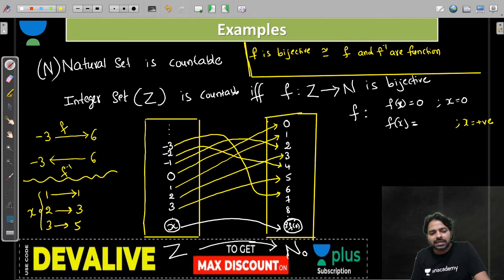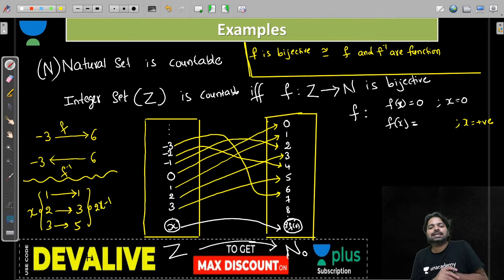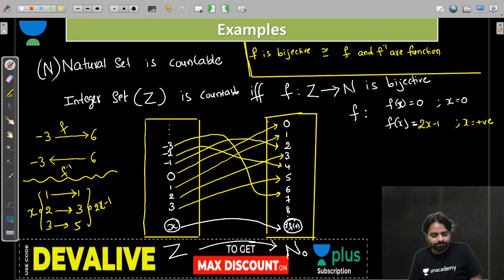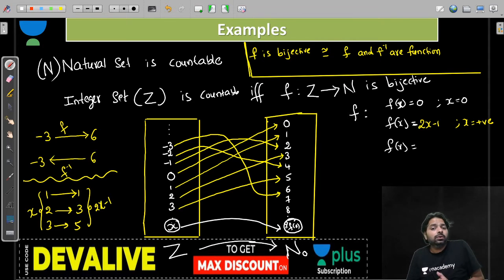If this is x, then it is 2x minus 1. X maps to 2x minus 1. So f of x is going to be 2x minus 1. I can have different mappings, but they are unique in this mapping.